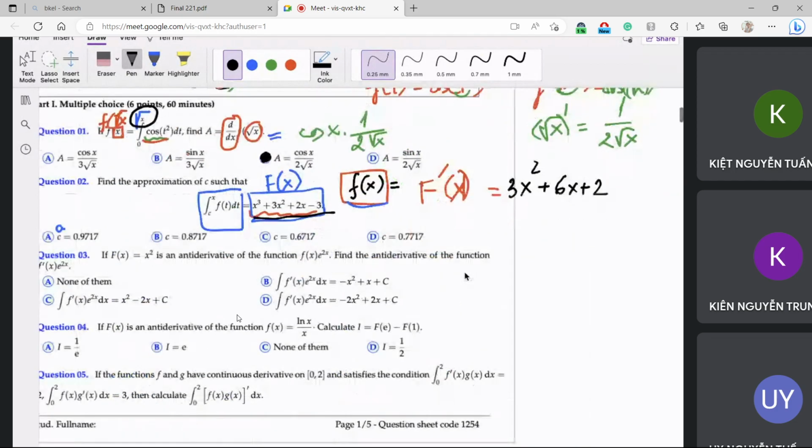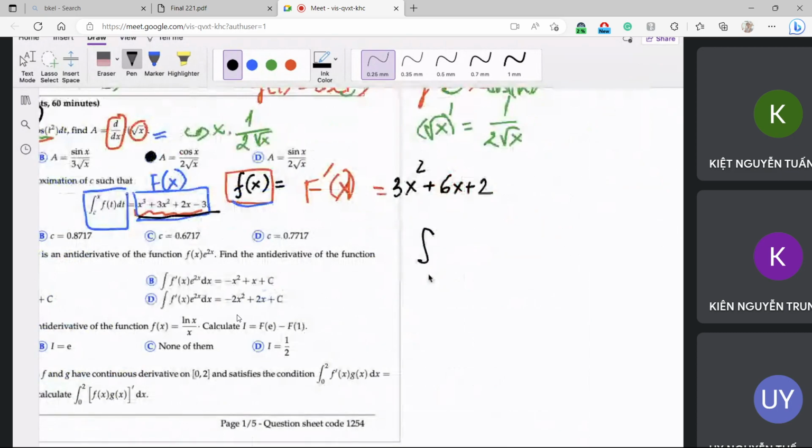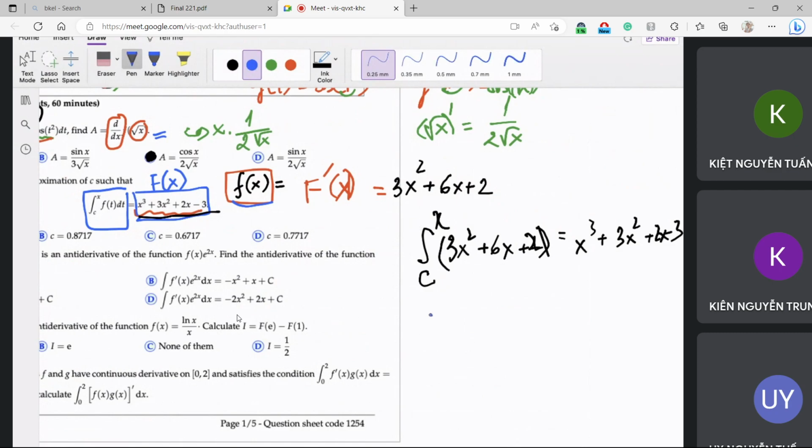So the integral here, we obtain that the integral from c to x of 3x squared plus 6x plus 2, right? It equals to x cubed plus 3x squared plus 2x minus 3, right? Or you can say what do you have here? If you have that, you will have that.